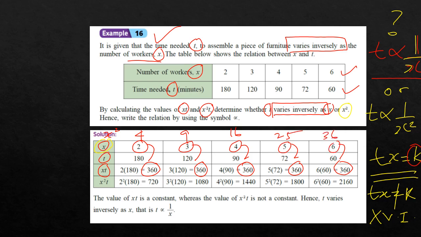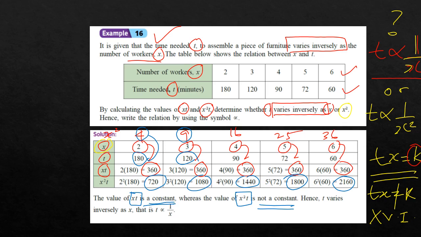Then you multiply with your t: 4 times 180, 9 times 120. What you get is this number, and unfortunately, it's not a constant. But x times t is a constant.